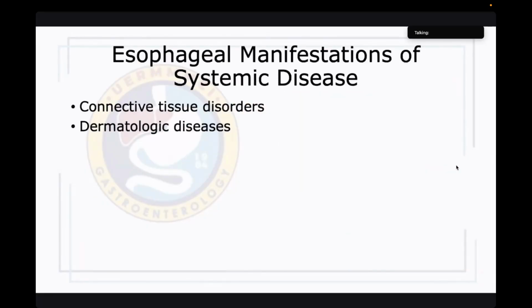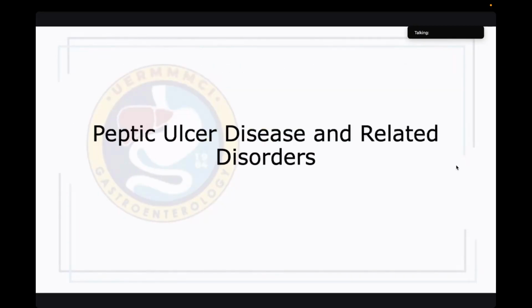And lastly, for esophagus, remember that esophageal disease can be just a part of a systemic disease. Among them are connective tissue disorders such as scleroderma and some other dermatologic conditions.